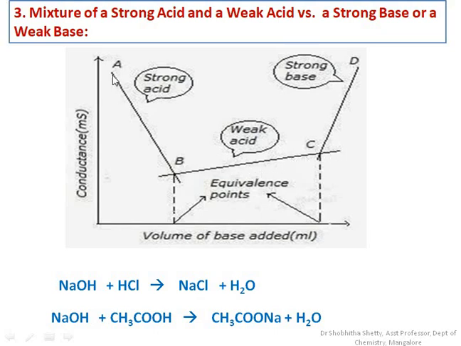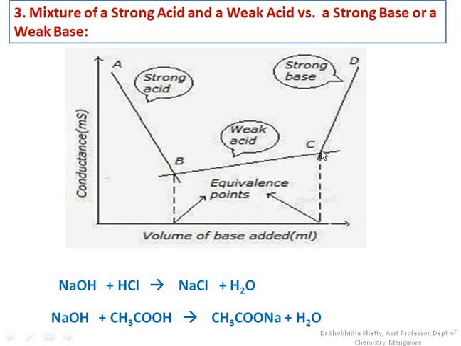As you can see, this is also a neutralization reaction, and this is also a neutralization reaction. Here the conductance decreases because of the nature of HCl, and here the conductance increases steadily. The nature is different because of the formation of sodium acetate, which is a comparatively stronger electrolyte.